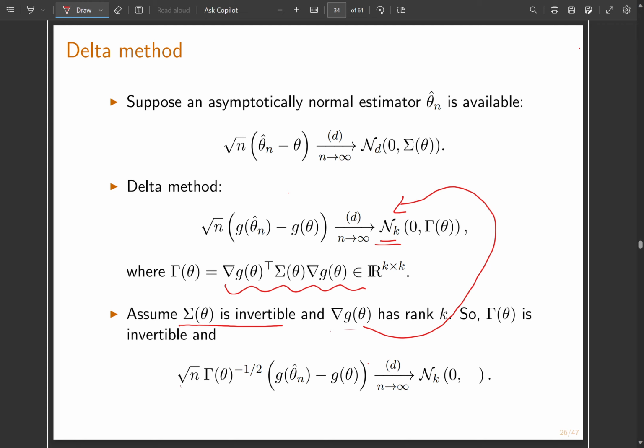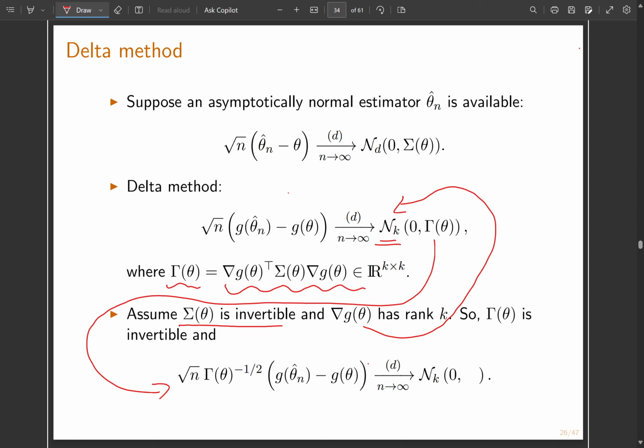Now, if this is invertible, then this value also becomes invertible. That means that we can move this value out of the bracket and bring it here. That is, we can rescale g of theta hat minus g of theta by gamma to the power of minus 1 by 2. And what will that give us?